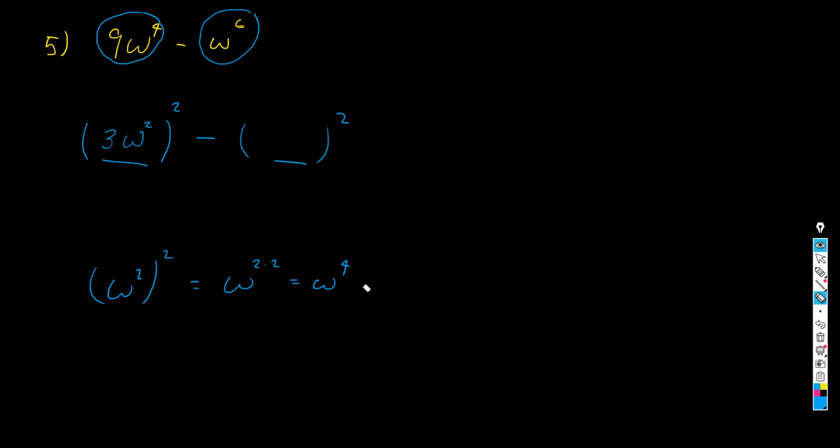Okay? You have to learn the laws of exponents and have them memorized, preferably. Okay, the same with this other term. What number raised to the square would give me w to the 6? That's going to be w to the 3. Why? Because w to the 3 to the 2 is going to be equal to w to the 3 times 2, which is equal to w to the 6, which is what we have in here.